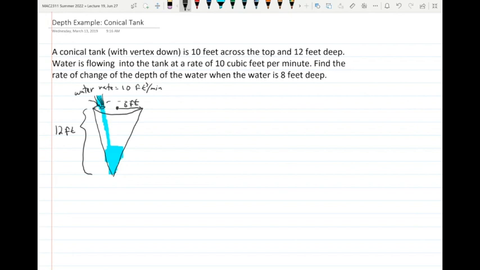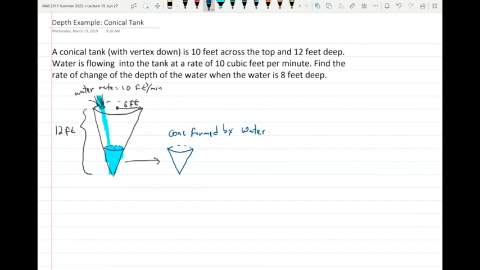The water, right? So you can think of the water as another little cone that is inside the tank, right? The cone formed by the water. Does everyone understand this? And then as time passes, that's growing, that's growing, that's growing. That's what we want to focus our attention on. Does that make sense? In other words, inside this, there is another picture that we need to pay our attention to, which is this right here, and this is the cone formed by the water.